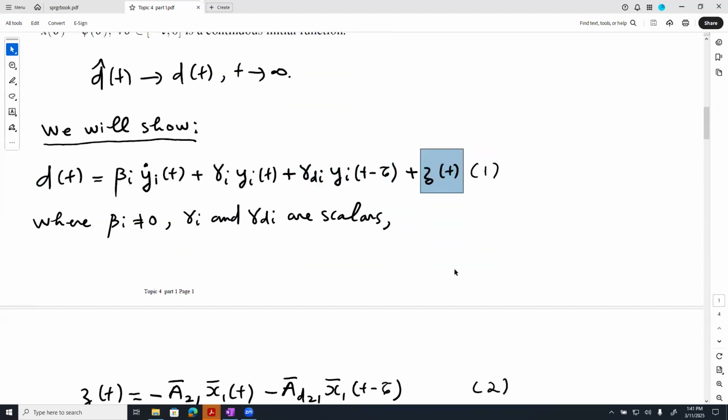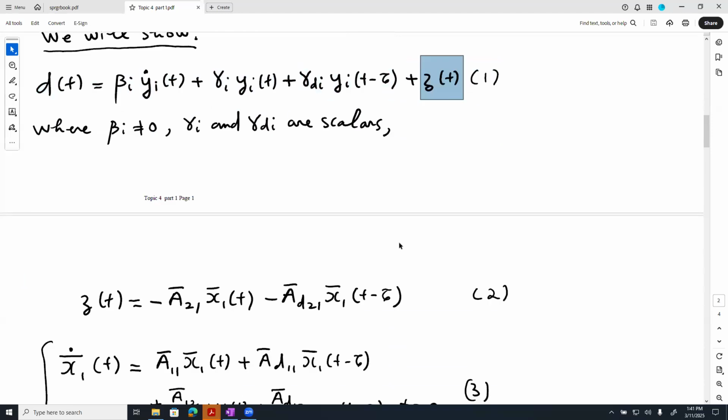Now, what is it? It is actually a sum of the linear combination of the stack vector x bar 1 of t and the delay of it. So when we look at this function now, it's no longer just a single term. It has another term here.